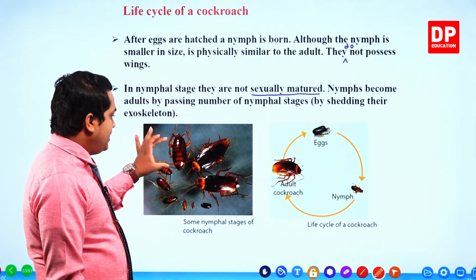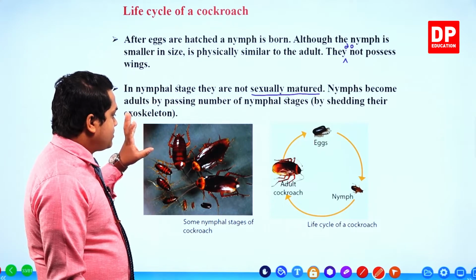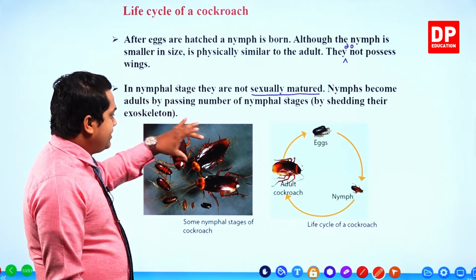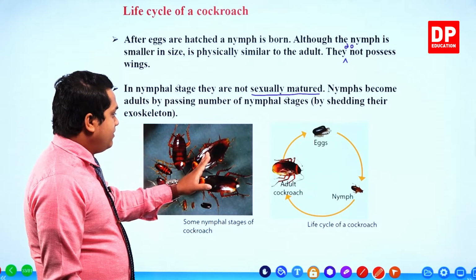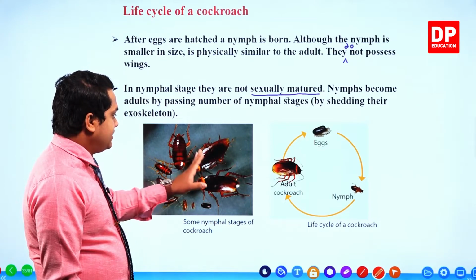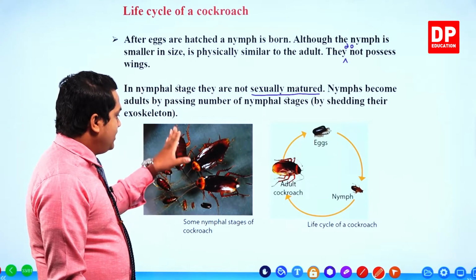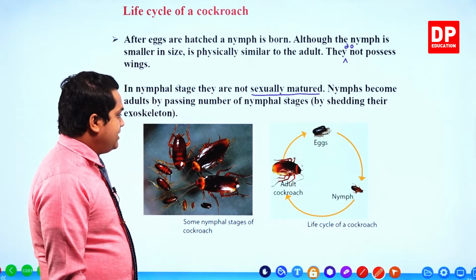Then finally this adult cockroach is going to shed almost all the exoskeleton and become even more adult-like. So the adult cockroach now has wings like this. As you can see here, the exoskeleton has now completely disappeared.